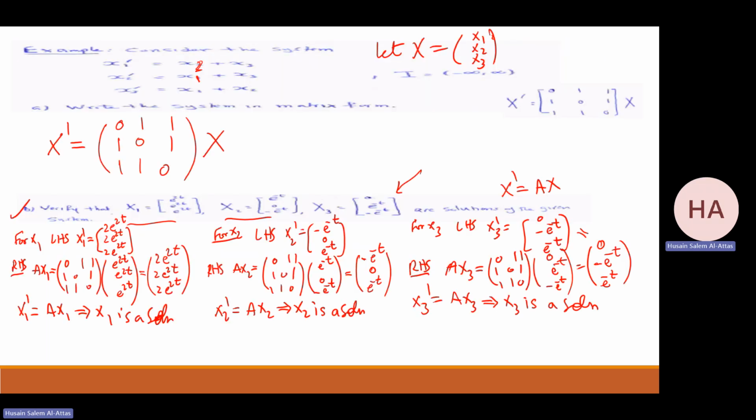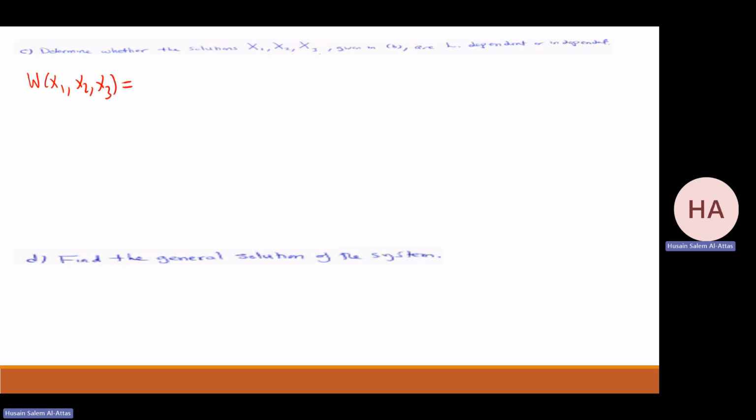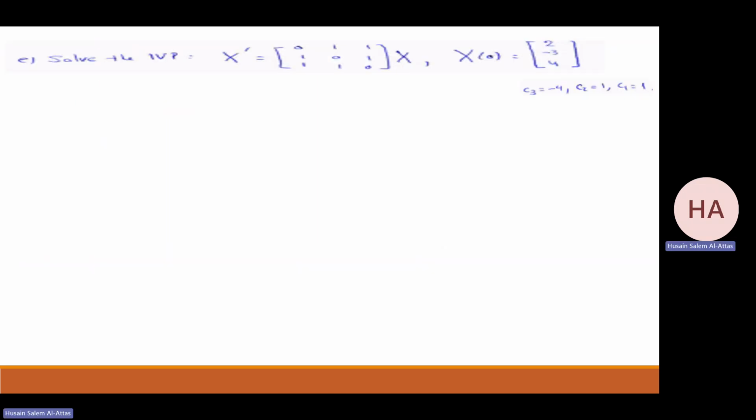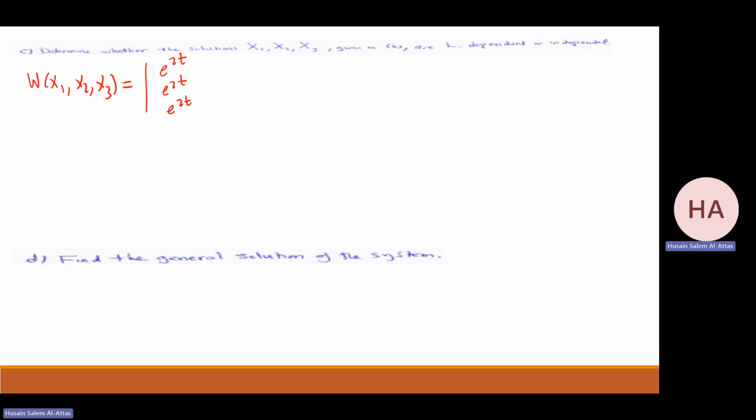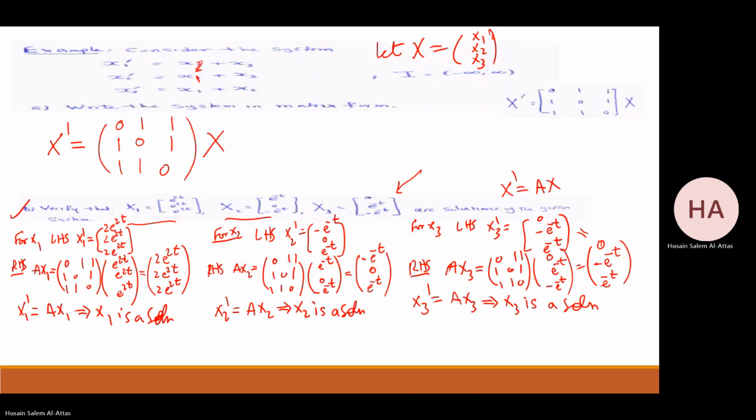Next one, determine whether the solutions are linearly independent or not. Okay. So check Wronskian of x1, x2, x3. What is x1? E2t, E2t, E2t. What is x2? 1, 0, minus 1 with E is minus T. 0, minus 1. Okay.